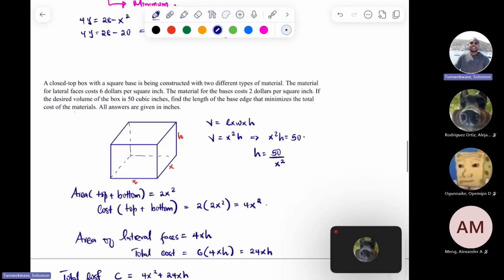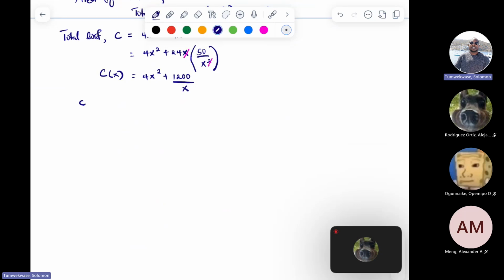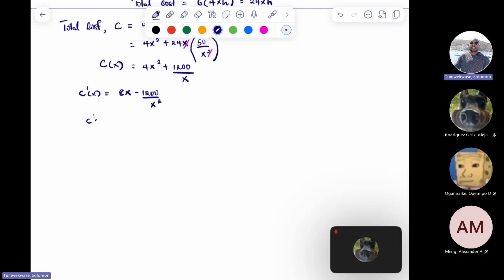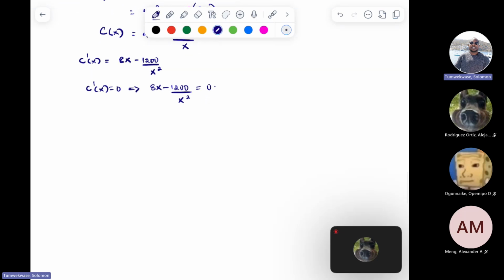We are interested in minimizing this, so once again, we take the derivative of this function, which is 8x minus 1,200 over x squared. This derivative equal to 0 means that 8x minus 1,200 over x squared is 0. What does this mean? This means that 8x cubed minus 1,200 is equal to 0.